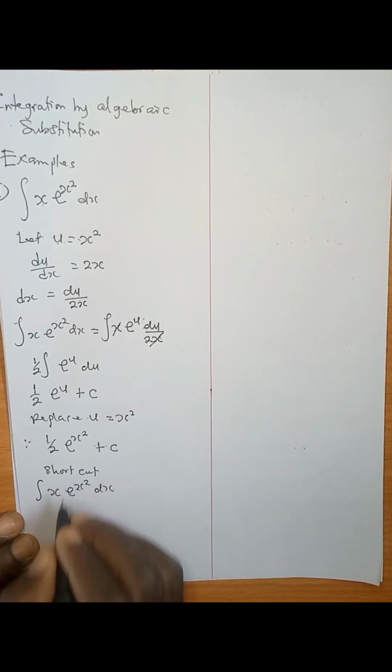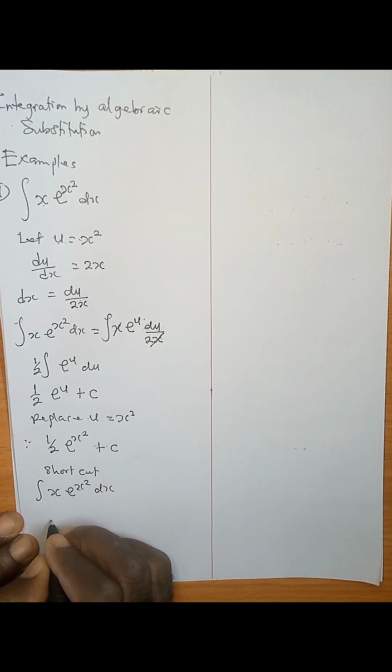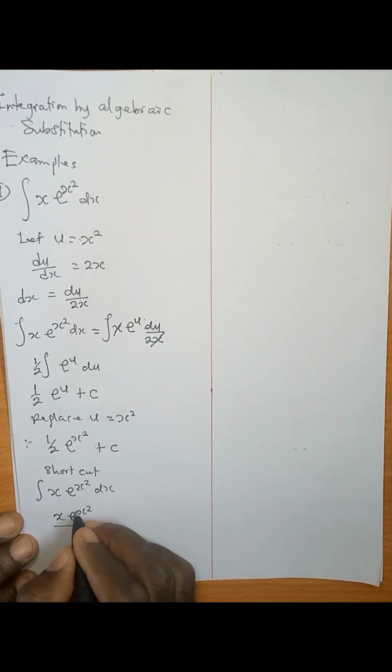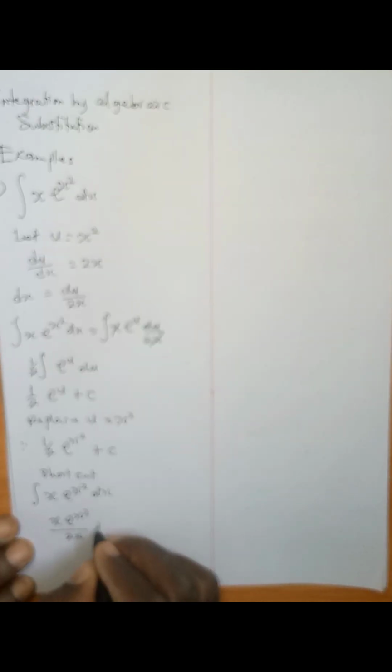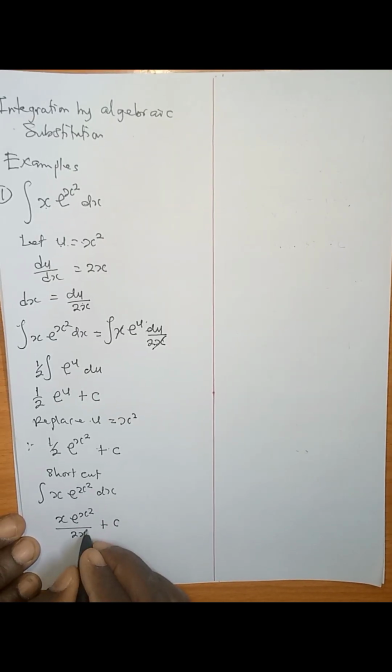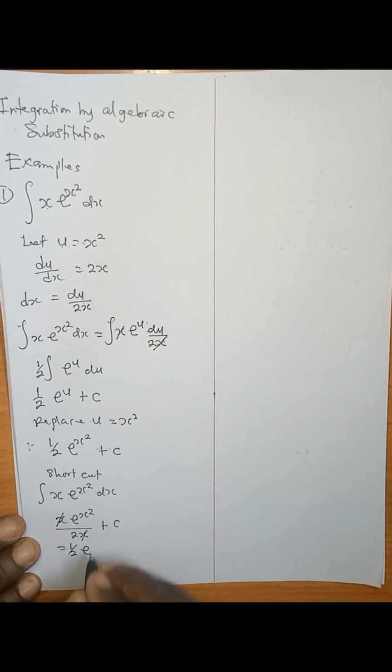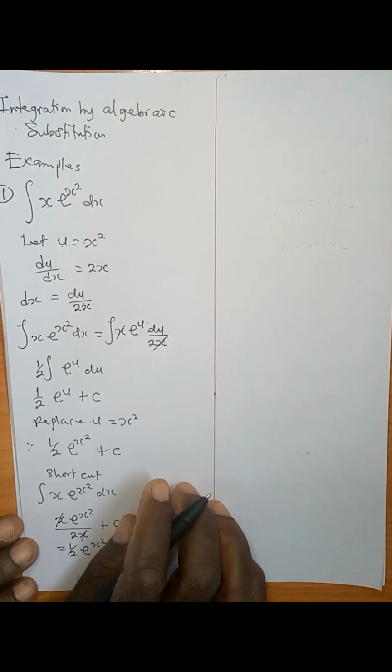Then you use it to divide the function itself. It will now be x exponential x squared divided by the differentiation of x squared, which is 2x. Then you put your constant of integration, so that this will cancel this. This will be 1 over 2 e raised to power x squared plus c. This is the shortcut for this.